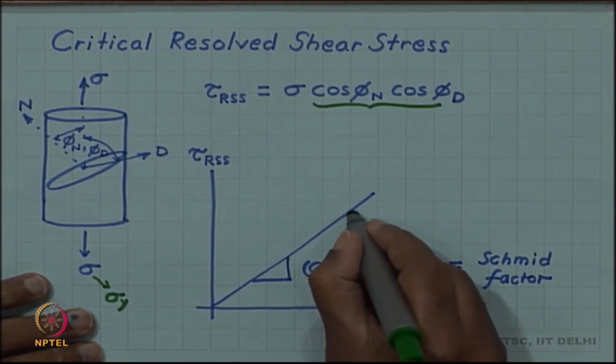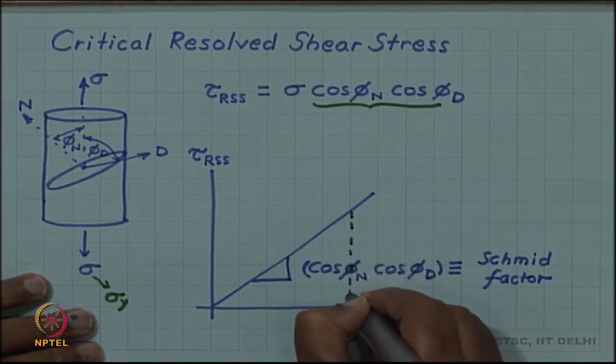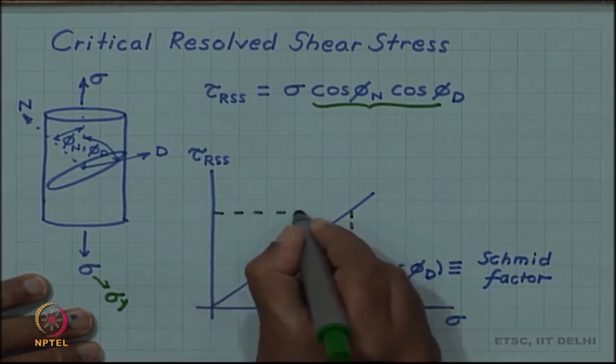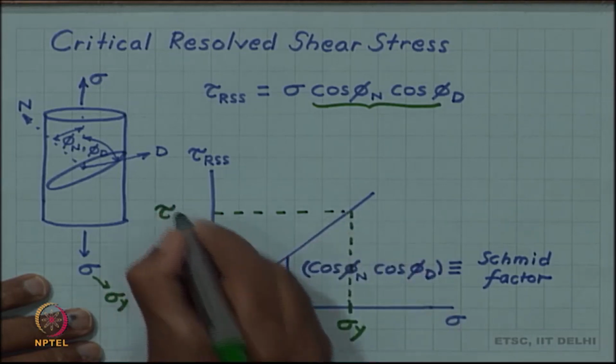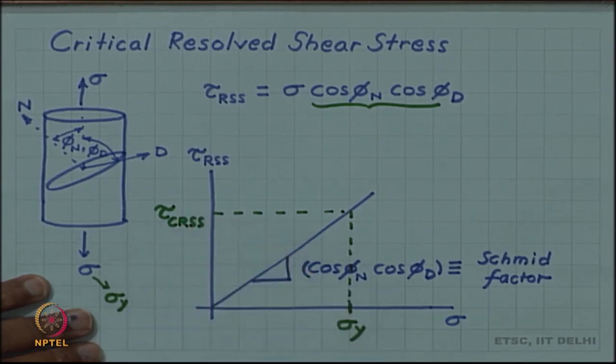Now, corresponding to that yield stress, if I find the resolved shear stress, that value of resolved shear stress will be called critical resolved shear stress, CRSS.